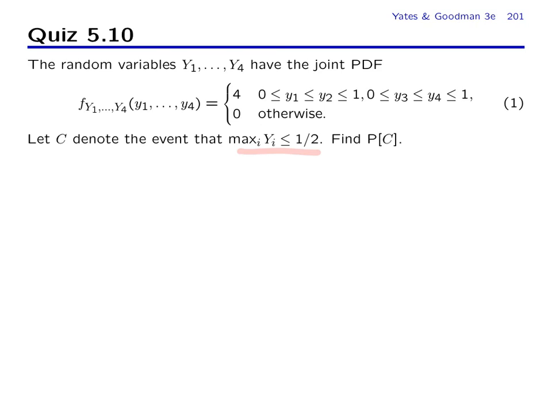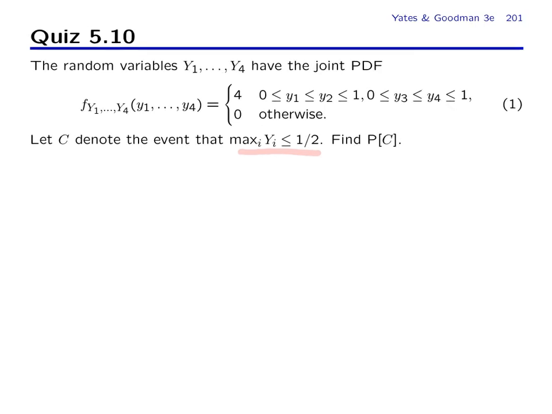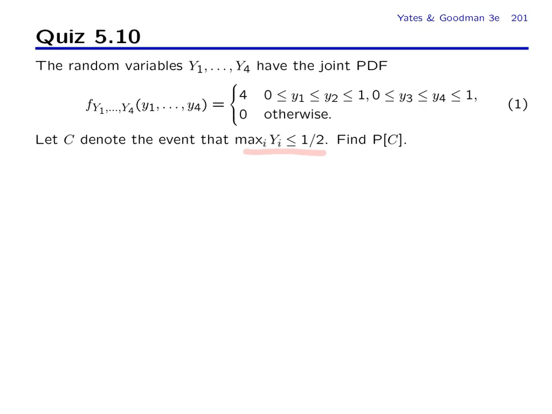But what's tricky about it is that in fact, this joint PDF has some extra conditions, like y1 has to be less than or equal to y2 and y3 has to be less than or equal to y4. What that tells you is that the y's are not actually independent. They look as if they might be independent, but they're not. And you actually have to do the calculus to solve the problem.